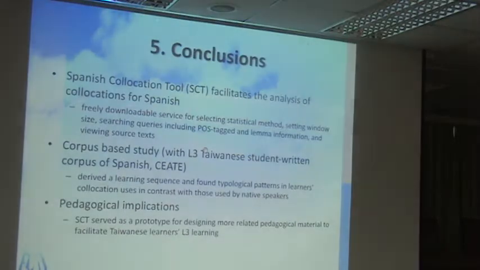So finally, for the conclusions. Due to the current trend in corpus linguistics, the Spanish collocation tool can facilitate the analysis of collocations for Spanish. It is freely downloadable, and you can freely select the statistical method, whether it's mutual information or chi-square.